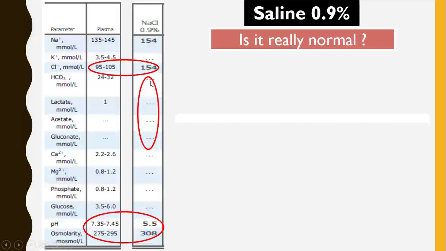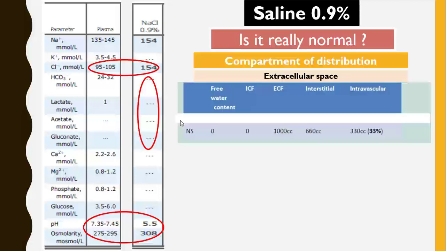We don't have any buffer in the saline, and we don't have any other electrolytes, and the osmolarity of the saline is slightly more than the plasma. So what is the difference, or what's the importance? I will describe it in the next slides, but let's proceed in a logical manner as we used to do.